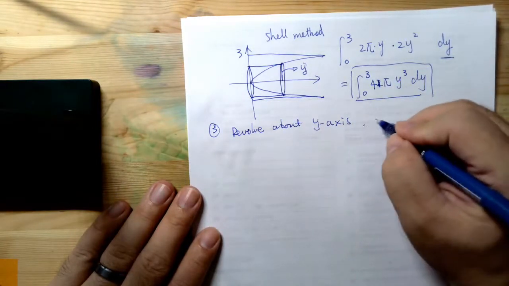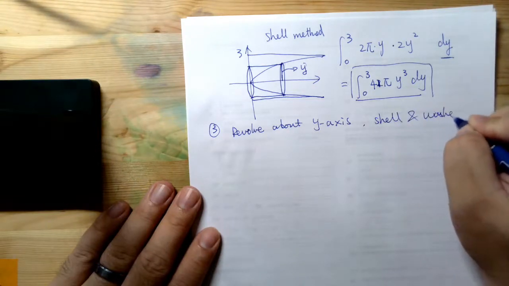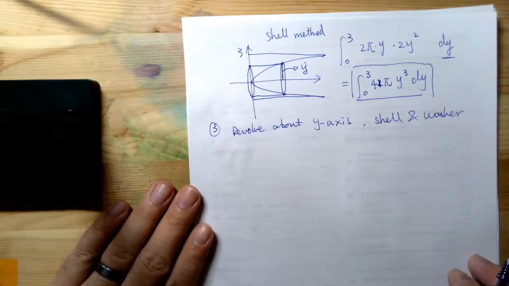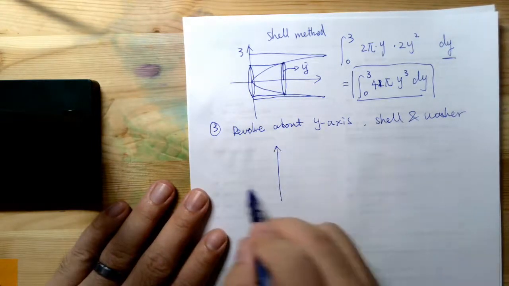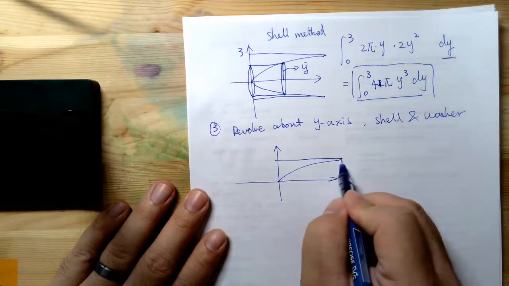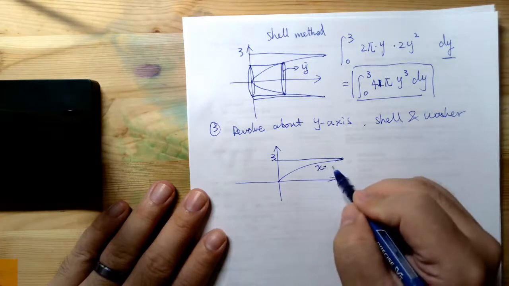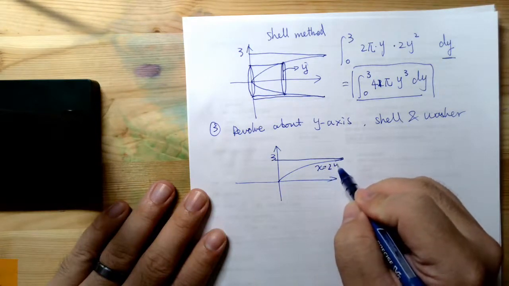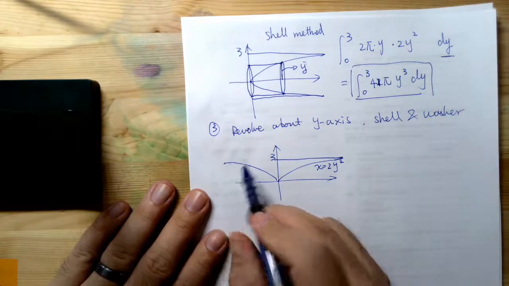Can you use the shell and the washer to handle it? So now let's take a look. This is 3, x equals 2y squared.